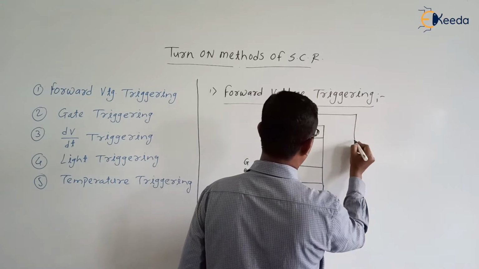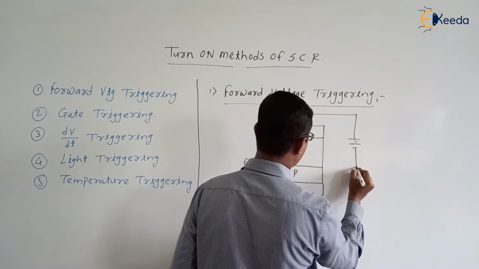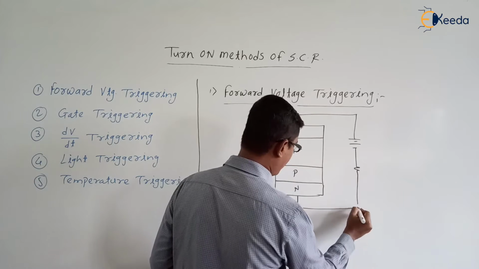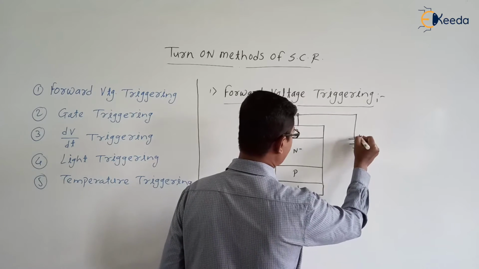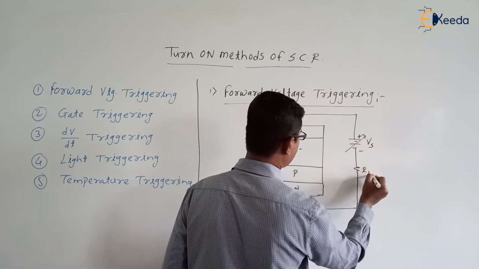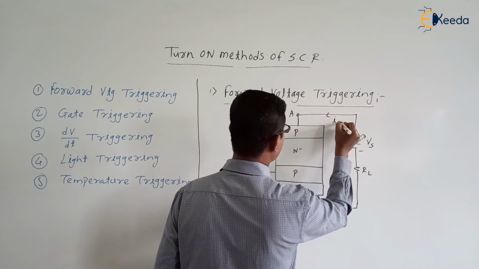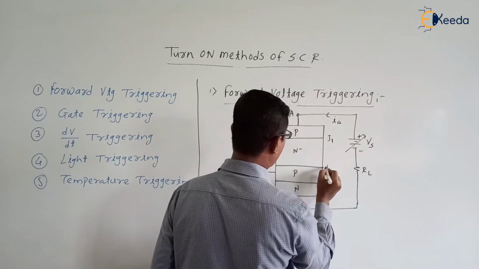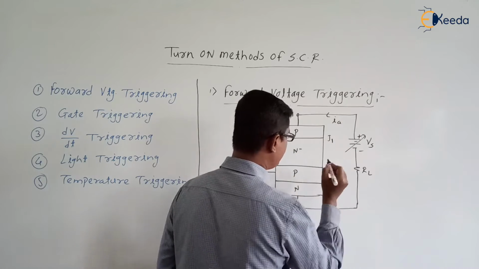In the forward voltage triggering, we need to apply a high forward voltage between the anode and cathode of the SCR. This current is IA. The junctions are J1, J2 and J3.